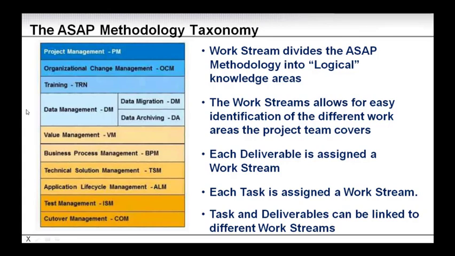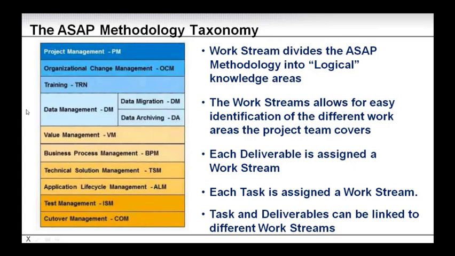So they try to granulate and break down the previous work streams into more detail to make it clearer who is accountable and who has what involvement in the project. So again, an example is business process management, which will typically be the functional consultants, but you might have a different set of functional consultants looking at value management.